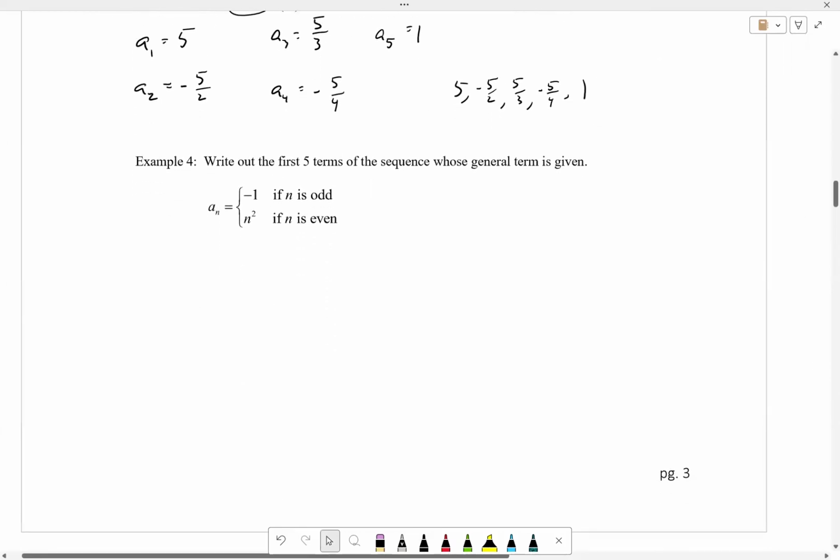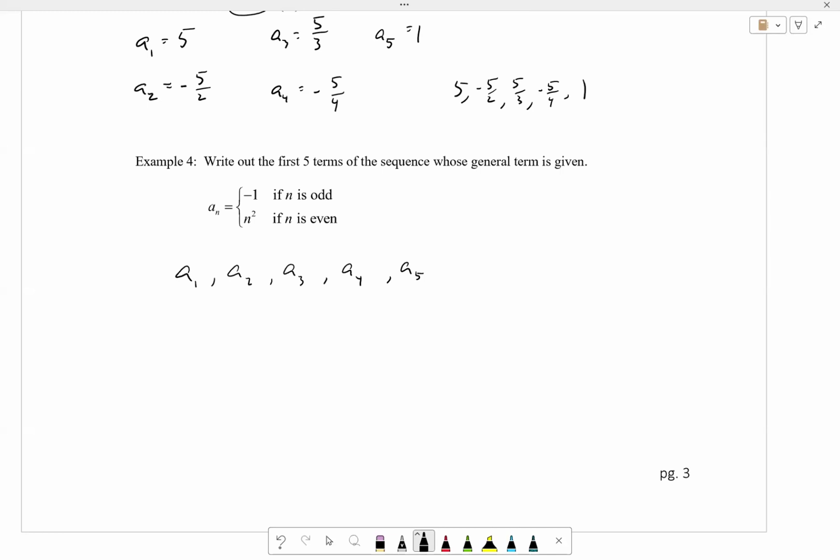So taking it a step further, here's a different way to generate a list of numbers. So a sub 1, a sub 2, a sub 3, a sub 4, and a sub 5. Let's see if we can figure out each one of these.